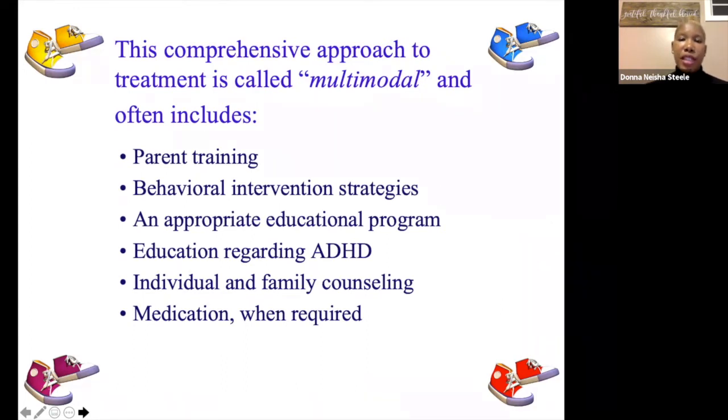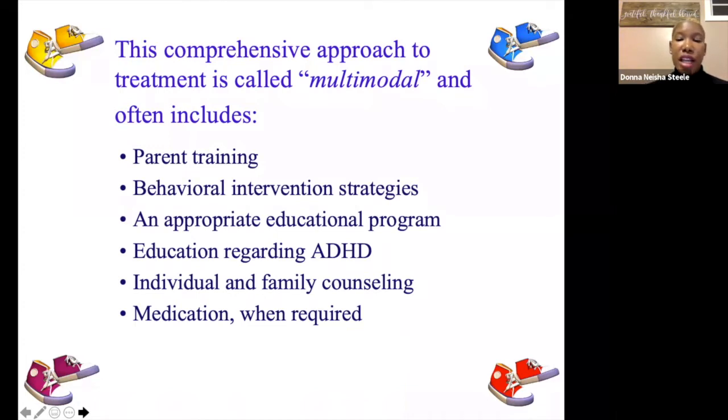This comprehensive approach to treatment, as said before, is called multimodal, and it often includes parenting training, behavioral intervention strategies, and an age-appropriate educational program, kind of like what we've been talking about for the last few weeks in terms of an individual education plan.